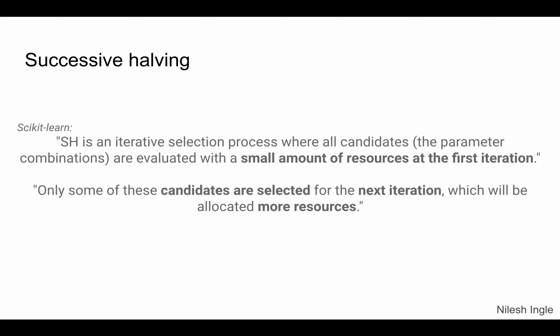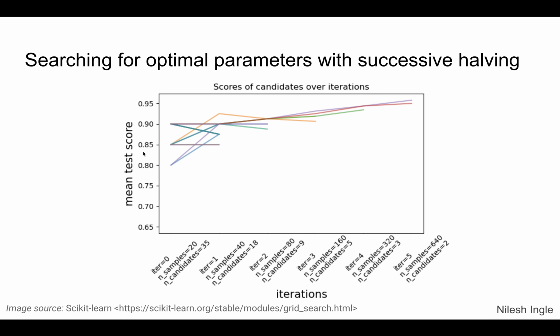In the next iteration, you can pass in more records, but you can halve the number of candidates. For example, in this particular plot, we can see the first iteration has 20 samples, so 20 rows, and n_candidates is 35.